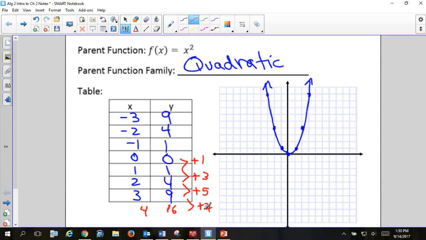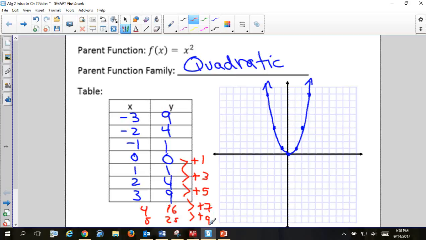Do you see a pattern at all? If I had 5 and 25, what would come next? Plus 9. You're so good at that subtracting there. Do you see a pattern? It's not a coincidence. This is for real a pattern that the perfect squares always go up by odd numbers.